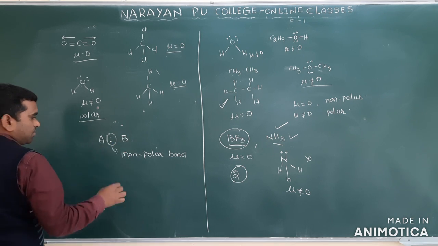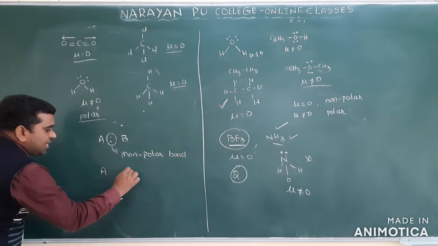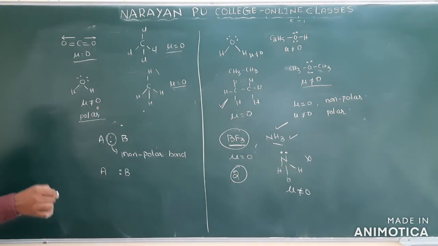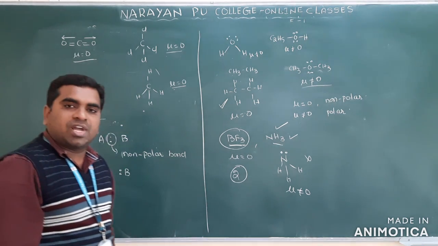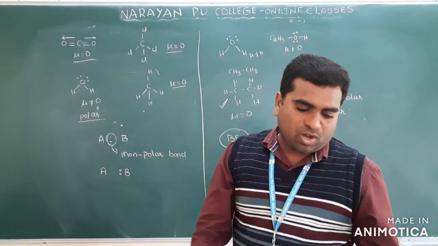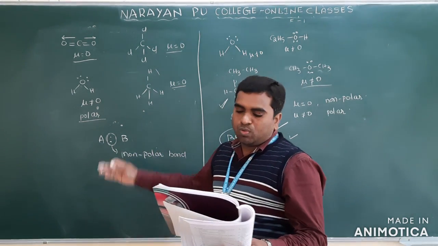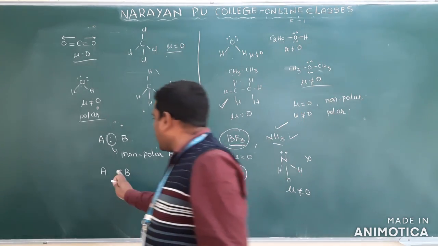But if B is more electronegative than A, then the bond electrons move towards the highly electronegative atom, B. That is what they are asking: they are not in the center and they are moving towards one.